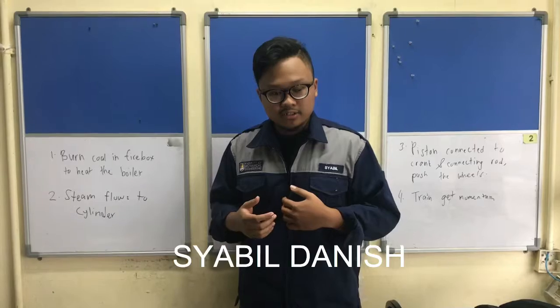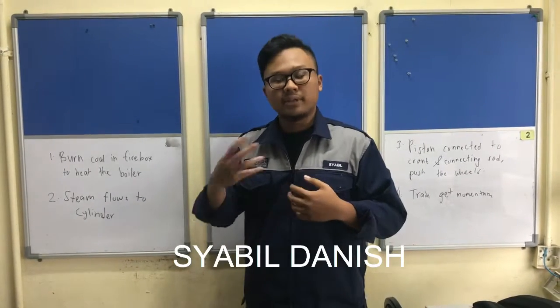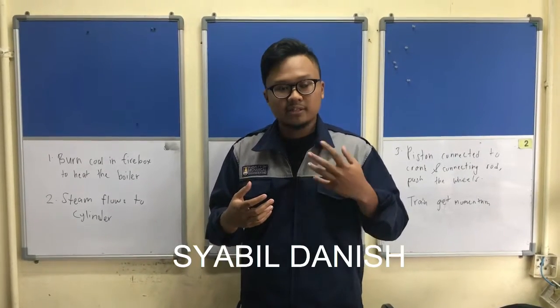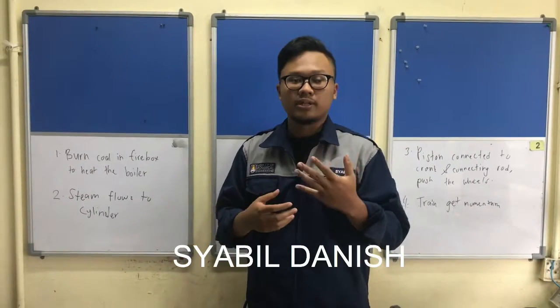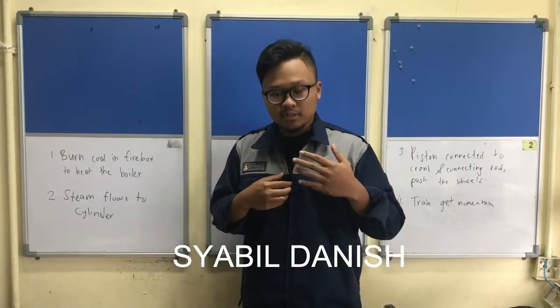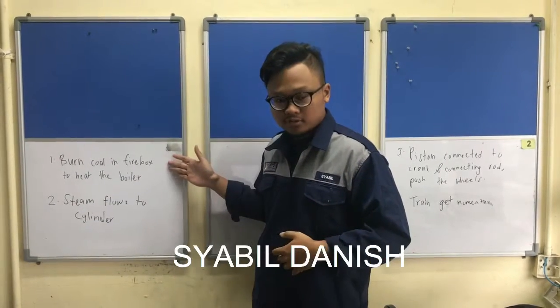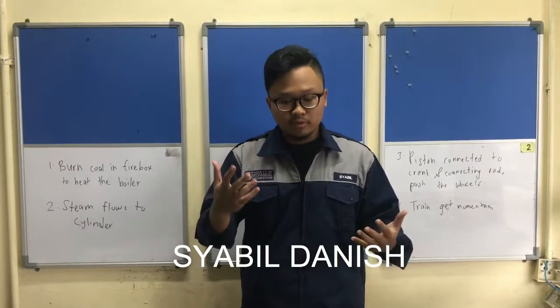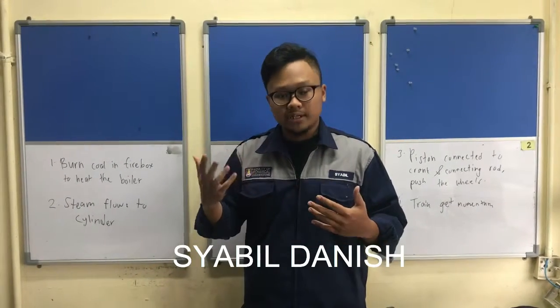Okay, the boiler is a big tank that contains water with dozens of metal tubes running through it. The tubes run from the firebox to the chimney, carrying the heat and the smoke of the fire with them.